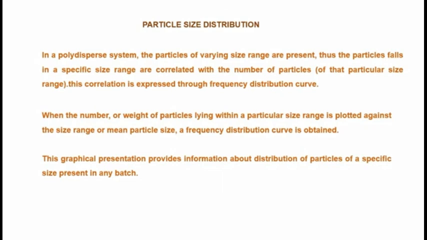Carr's index, percent compressibility 5 to 15: excellent, free flowing granules. Second, 12 to 16%: good, free flowing powder granules. Third, 18 to 21: fair powder granules.